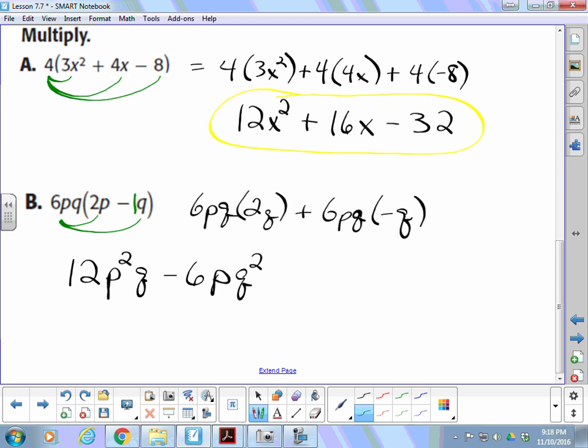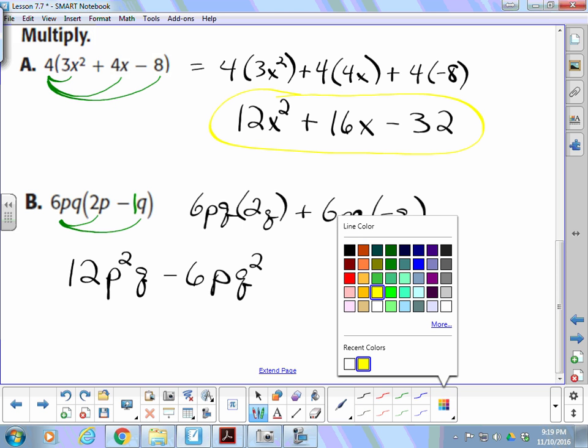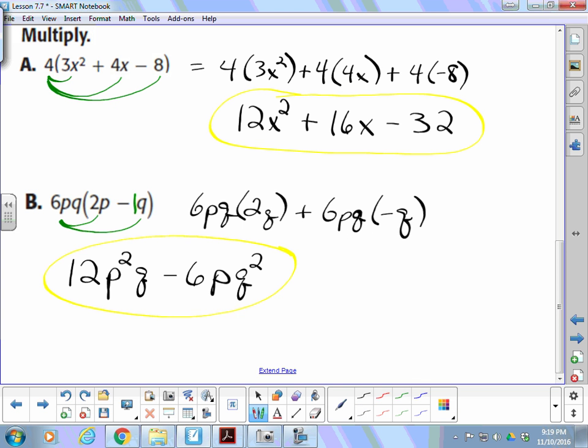So we multiply what's on the outside times each individual thing on the inside. That's the distributive property. You've used this before. Now you're just using it again with a little bit more complicated variables and numbers that you're working with.